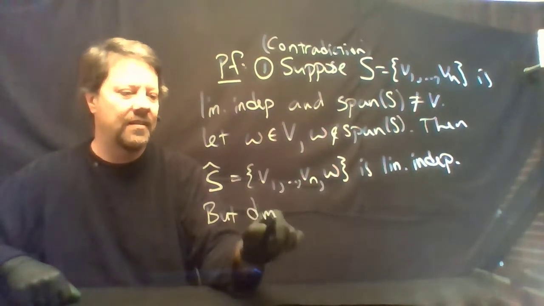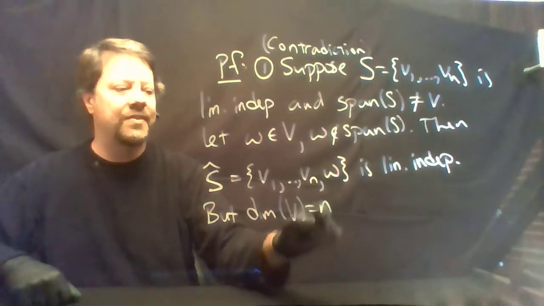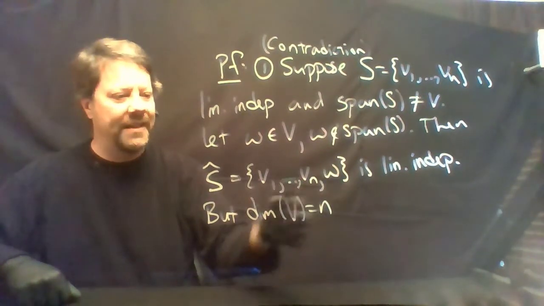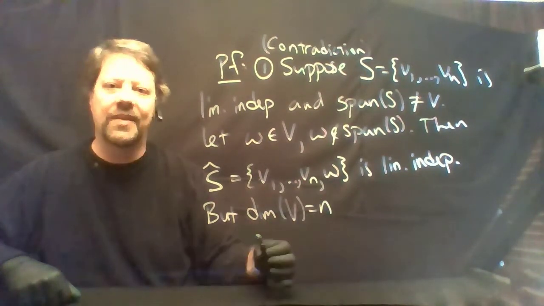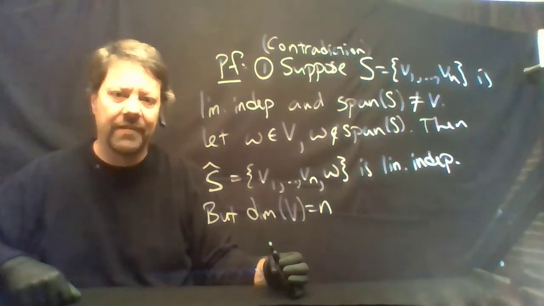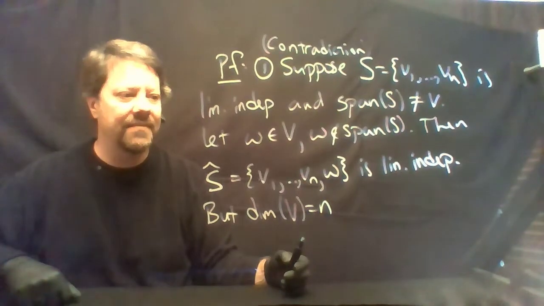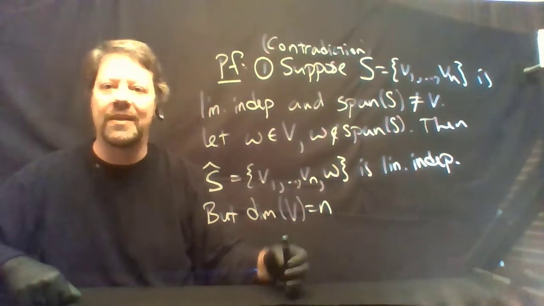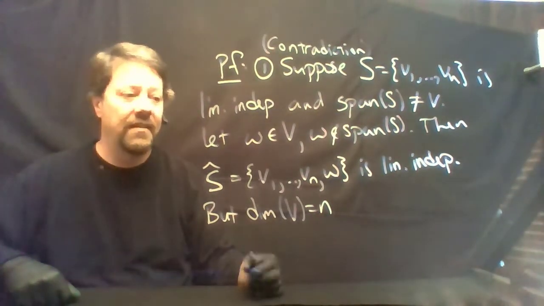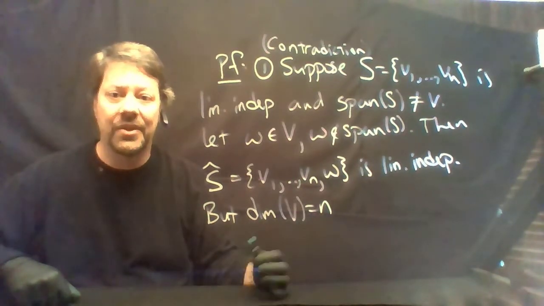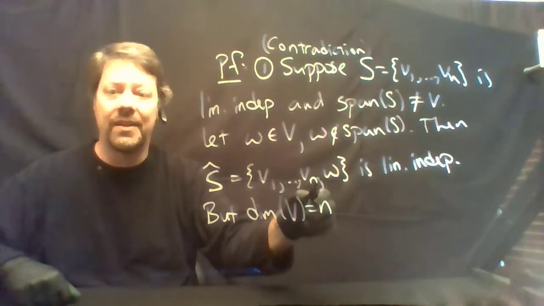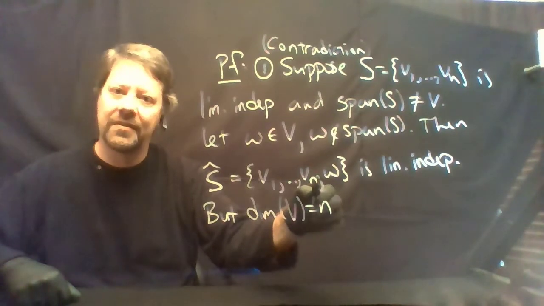But the dimension of the vector space is n, which means each of these vectors can be expressed as a linear combination of elements in a basis, and that basis will have n elements. That will give us n equations in n plus 1 unknowns, the coefficients of the vectors.